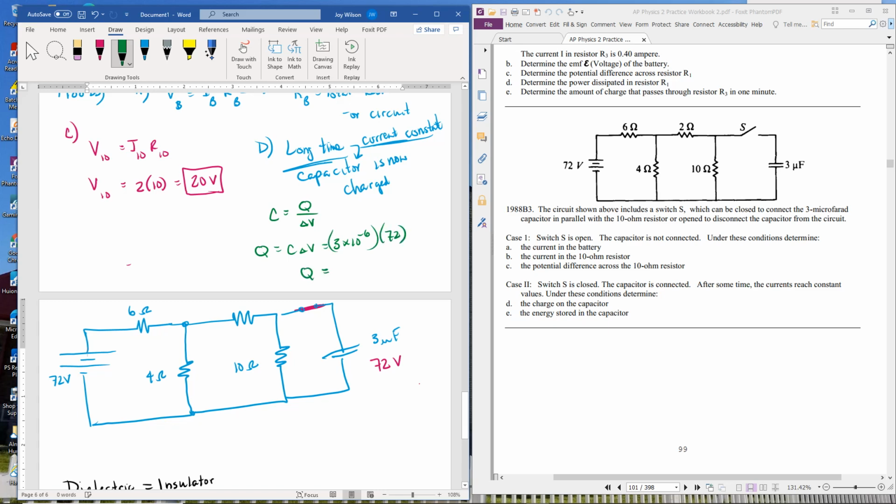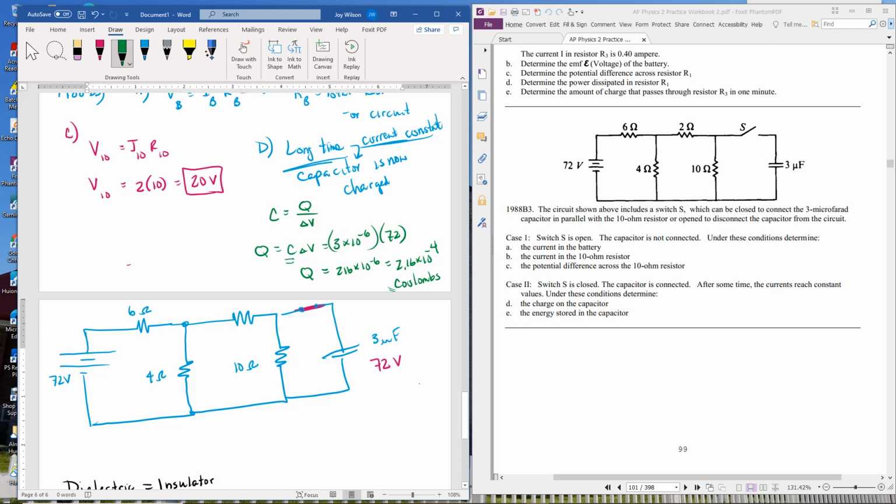So the amount of charge is 3 times 72 is 216 times 10 to the negative 6. So that would be, move 2 over, 2.16 times 10 to the negative 4th coulombs. I write coulombs because this is a C and this is a capital C, and I don't want my charge and my capacitance to get confused.